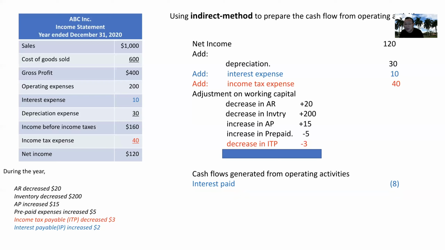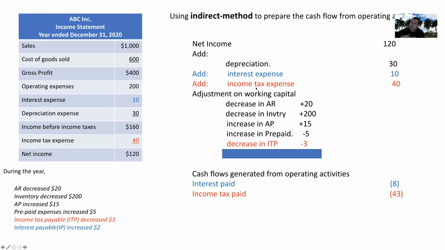However, in this case, we were told that income tax payable decreased by $3. That means you have paid more than 40. You paid 43. So you recognize $40 income tax expenses.